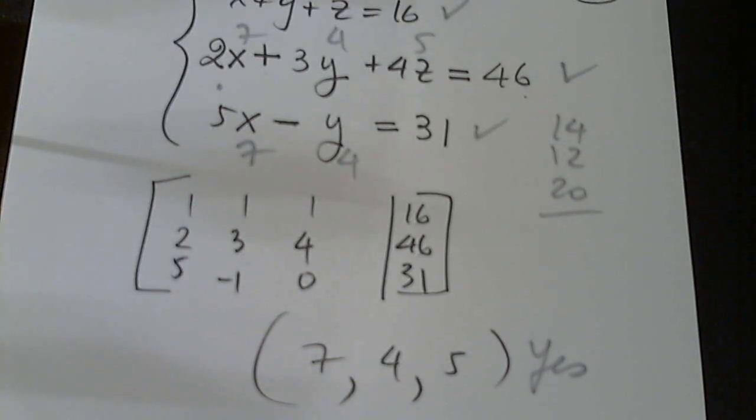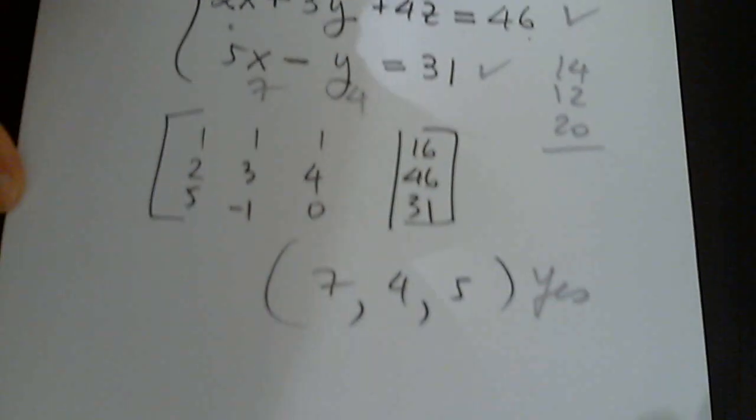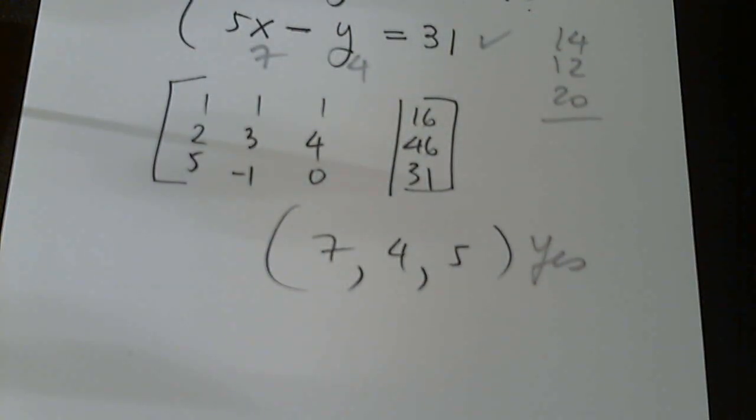Okay, so I would like to start. We're not going to be able to finish, I don't think, but I'd like to start the systems of non-linear equations in 2 variables. We're not going to look at non-linear with 3.